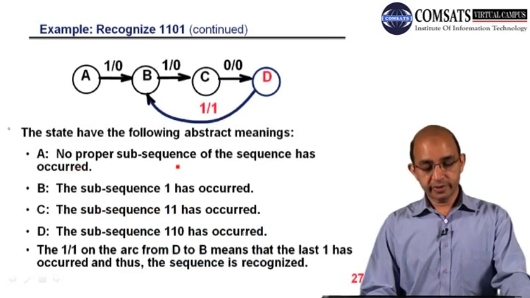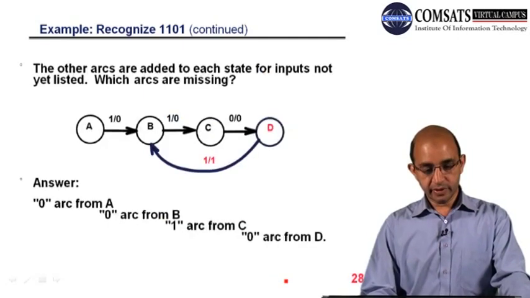No proper subsequence when we are at A. Subsequence 1 has occurred, we are at B. Subsequence 1 1 has occurred, we are at C, and the subsequence 1 1 0 has occurred, so we are at D. Here you can see that 1 on the arc from D to B means that the last 1 has occurred, and thus the sequence is identified or now recognized.